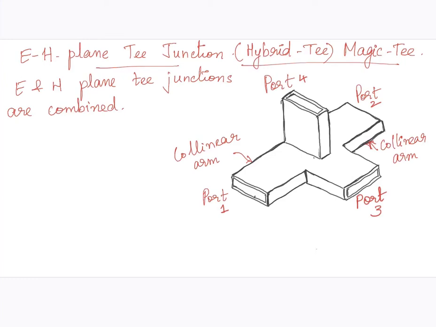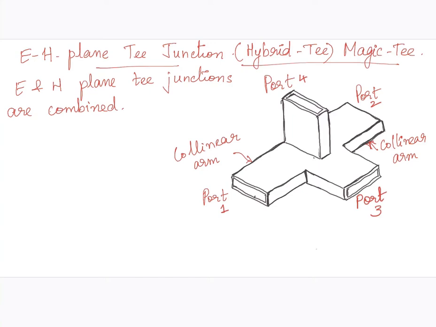Dear students, in this video we discuss the EH-plane junction or magic T, which is also known as hybrid T junction. So basically T junctions are used to couple microwave signal from one device to another.